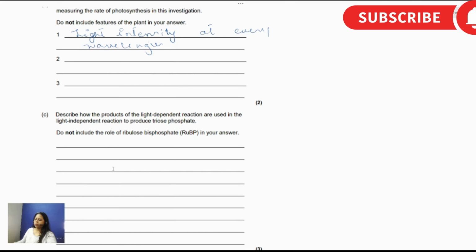Okay, last question. What is the role of ribulose bisphosphate? How are the products of the light dependent reaction used in the light independent reactions to produce triose phosphate? What are the products of light dependent reactions?